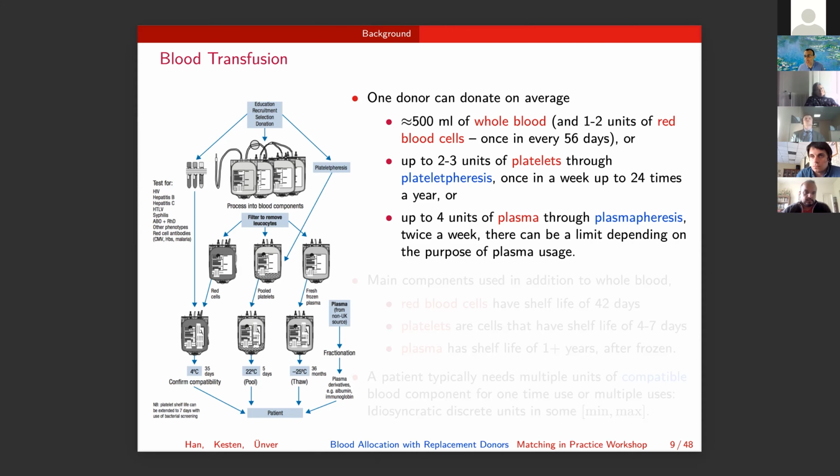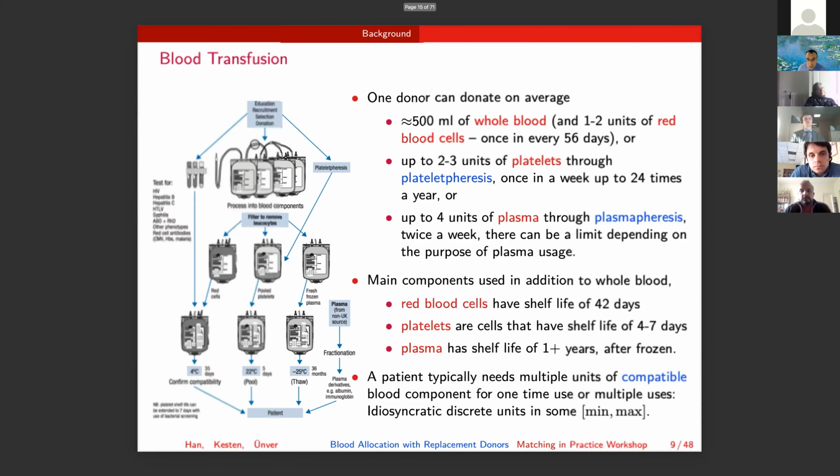For plasma, you can freeze it, you can have it whenever, so there's not as much shortage for plasma. But for red blood cells and platelets, basically the main application of this model will be for those, but of course you can do it for other blood components. There is more shortage.